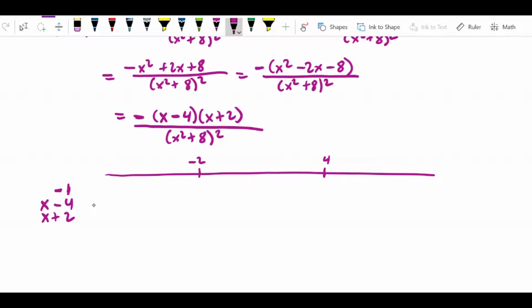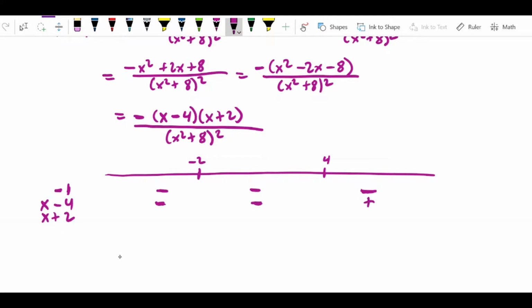The negative 1 is going to be negative everywhere, so I'll write negative on the interval from negative infinity to negative 2, between negative 2 and 4, and also for x greater than 4. For x minus 4, it's negative until x is greater than 4, at which point it's positive.